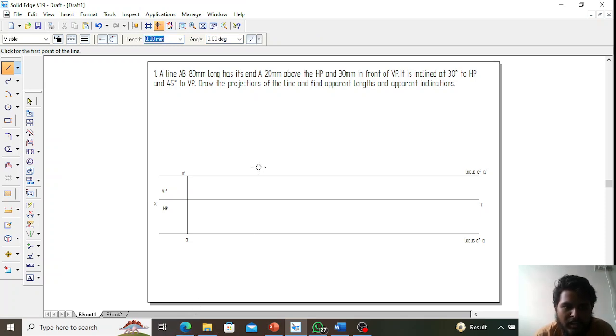Now I am drawing the line 30 degrees to HP and the length should be 80 mm. So 80, and at angle I am giving it as 30. Okay, now put it here. Sorry.